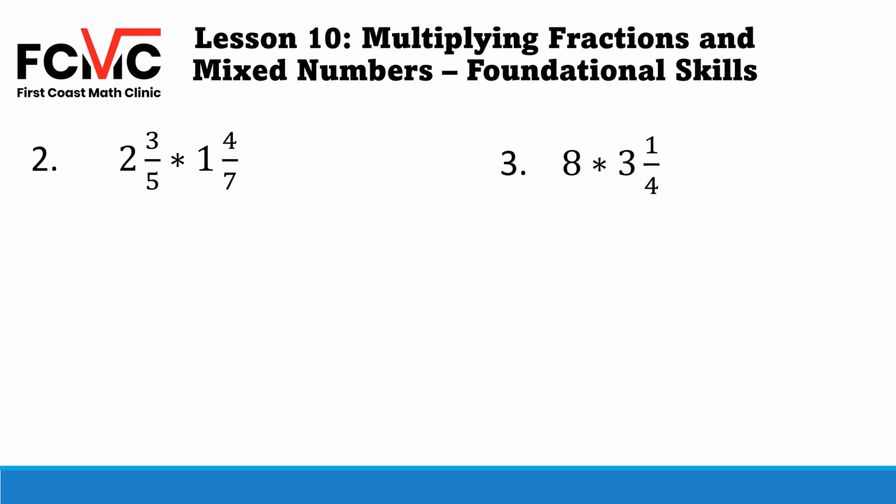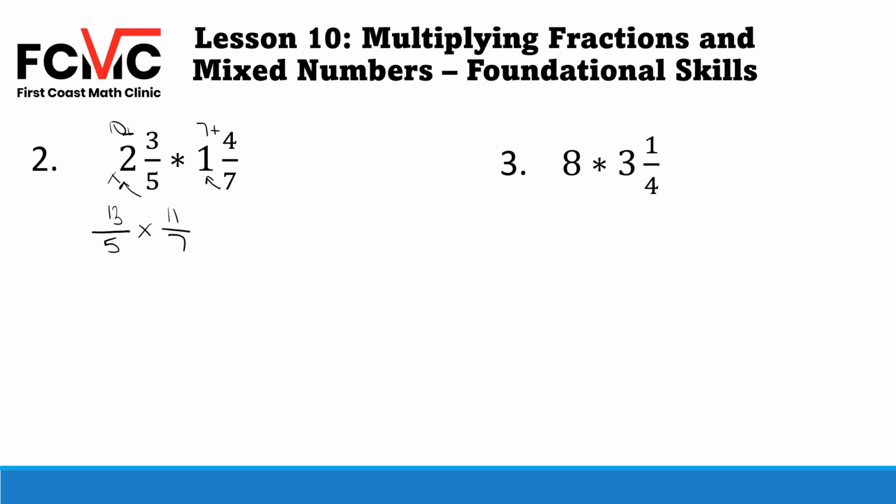The link for that video is going to pop up now if you want to review that, but we're basically going to multiply and then add. So 2 times 5 is 10 plus 3, so that gives us 13 over 5. And then 7 times 1 gives us 7 plus 4 gives us 11 over 7.